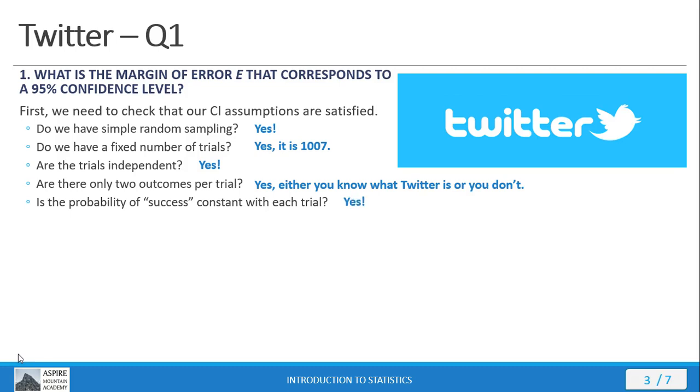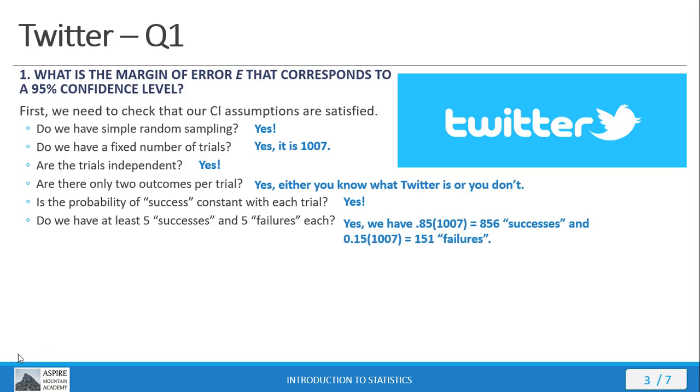Again, I hope you said yes. Do we have at least 5 successes and 5 failures? Yes, we do. If you do the math, you can see that we have plenty more than 5 each way. So that assumption is met.